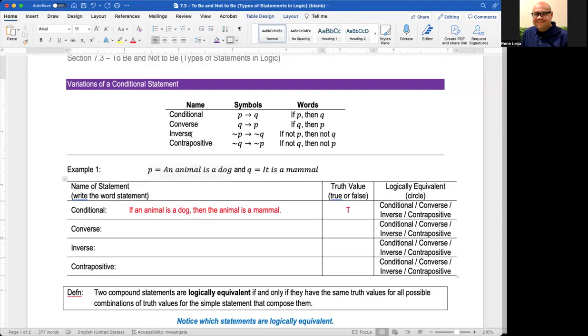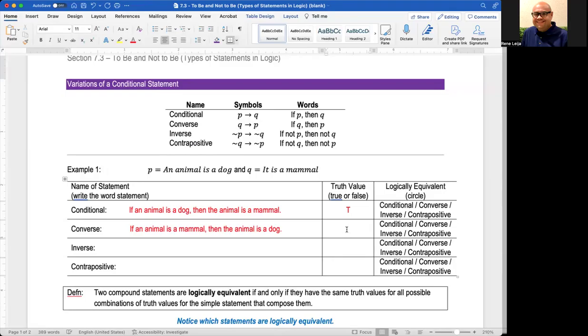Now the converse. The converse is when we're going to flip P and Q. So now we're going to say if an animal is a mammal, then the animal is a dog.